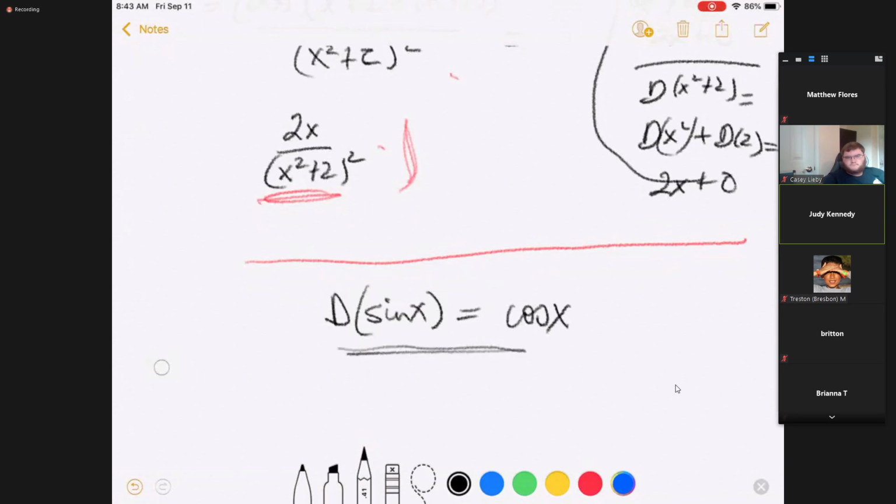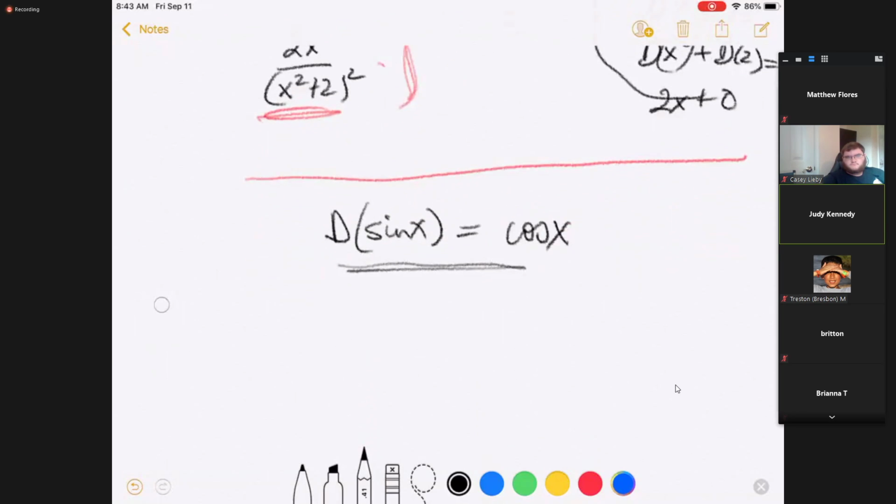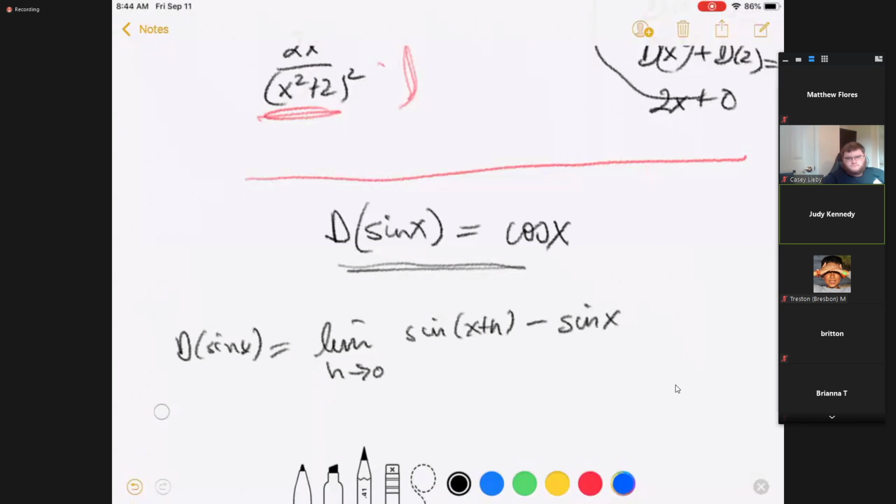And why do I know that? Well, what you have to do is go back to the definition. Let's see, maybe I use the h definition. There. It's the limit as h goes to 0 of the sine of x plus h minus the sine of x, all over h. Go back to this definition, and then you have to work on this.